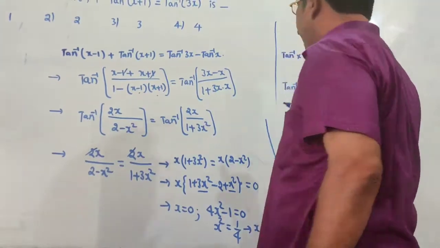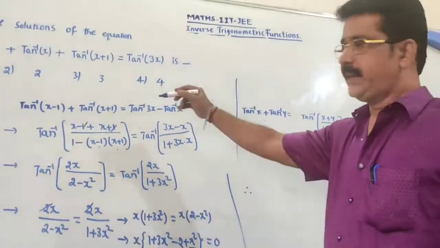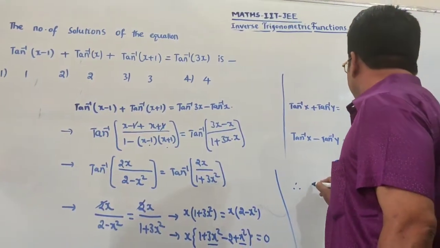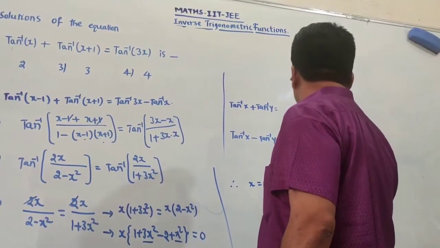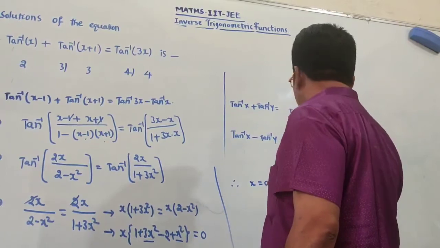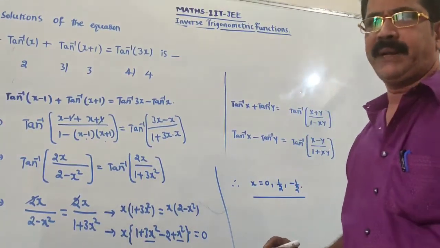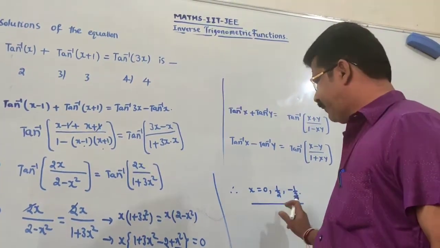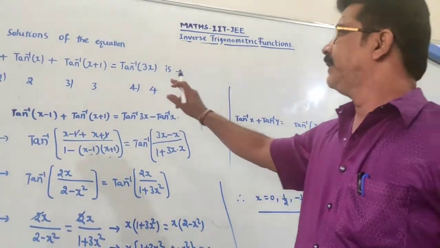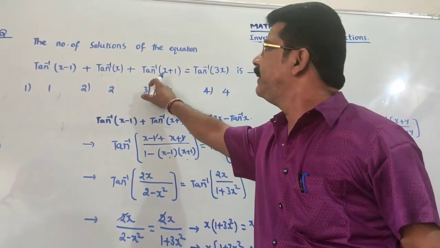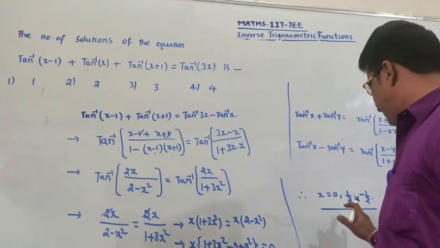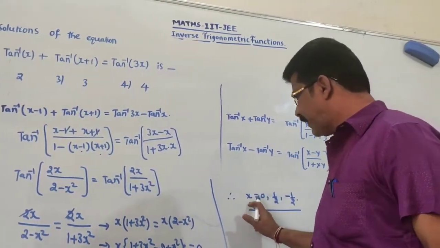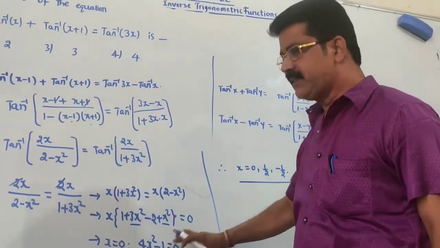Therefore, according to mathematical steps, we are having three solutions: x equal to 0, 1 by 2, and minus 1 by 2. But sometimes all the values of x may not satisfy the given equation. That's why we should not believe the number of values of x after taking mathematical steps.